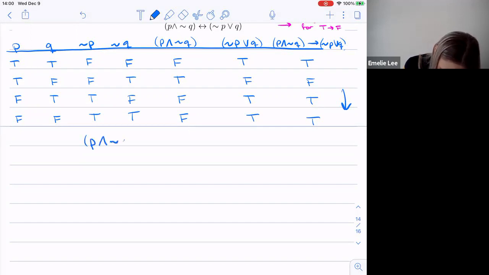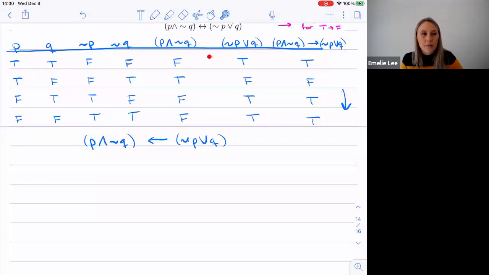P and not Q. Now going the other way, not P or Q. So now I'm going from this column over to this column. So true to false is false. Hey, that doesn't work.